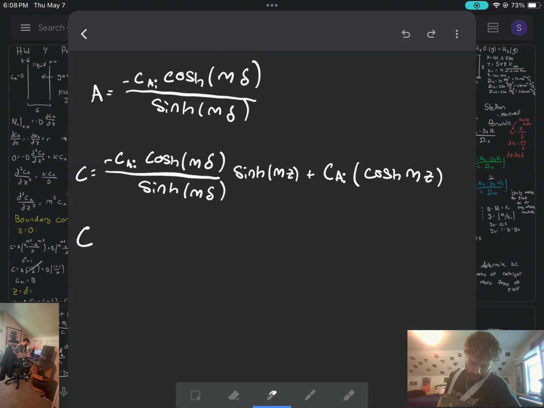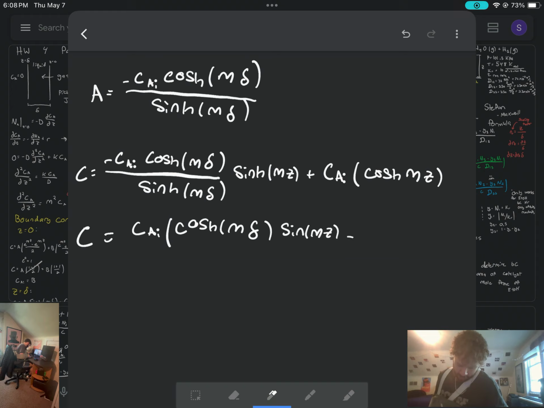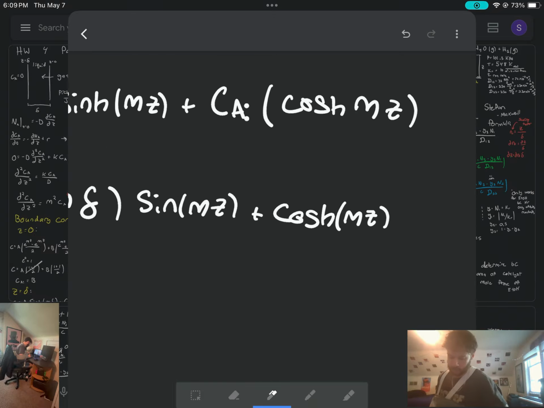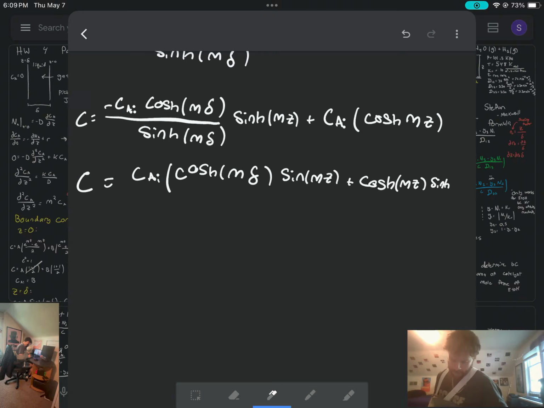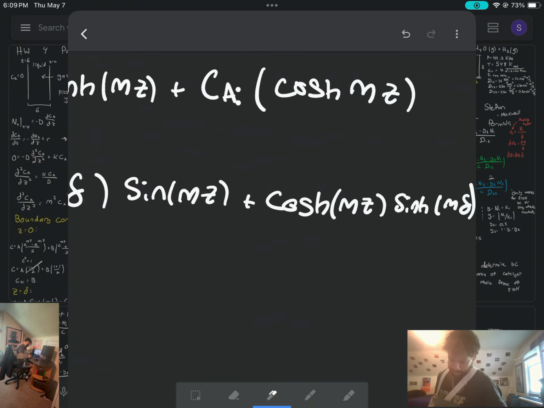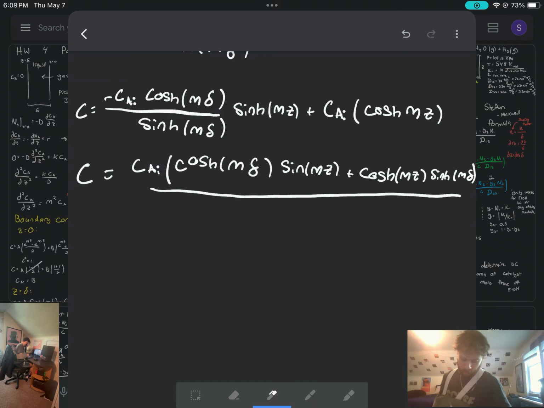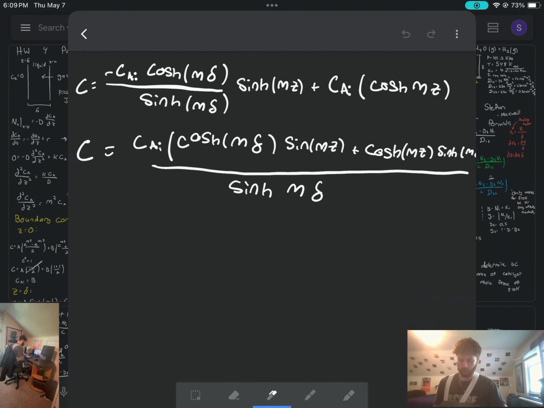Concentration is equal to, we'll factor out our concentration at the interface term, times our cosh m delta times sinh mz plus cosh mz times, to get this at a common denominator, we'll multiply by a sinh m delta, and then that'll all be divided by sinh m delta.